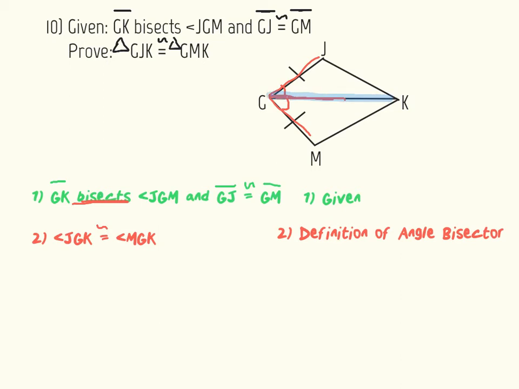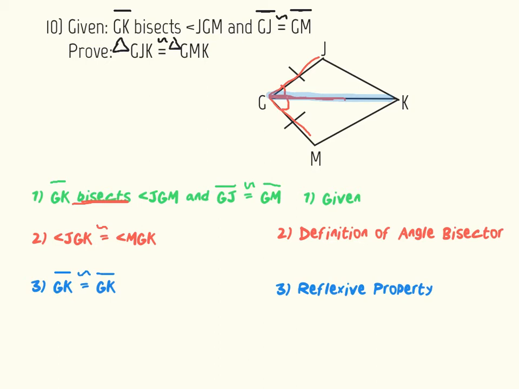Well, that's nice that the two angles are right next to each other. So I would say that that segment is congruent to itself. GK is congruent to GK, by the reflexive property. I'm going to use that because that segment is shared by both triangles.